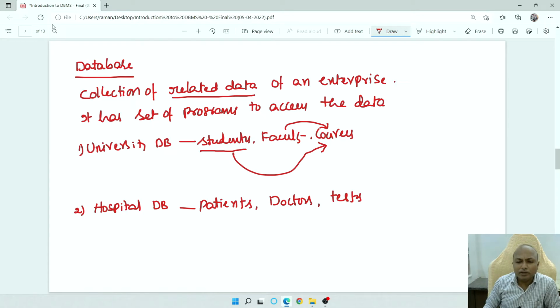These patients are registered at the hospital, and doctors suggest that the patients go for some tests. Thereby, the doctor is in a position to diagnose the disease of a patient.